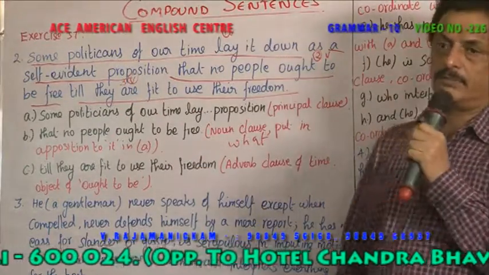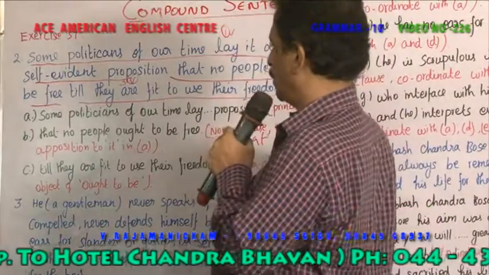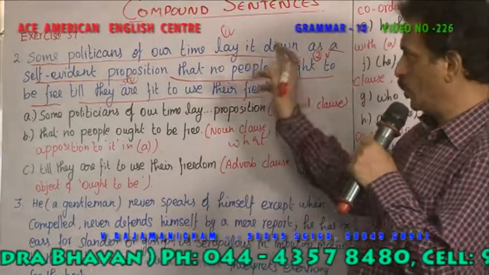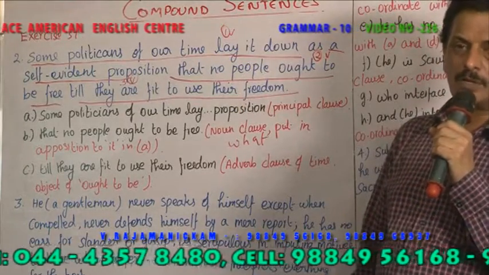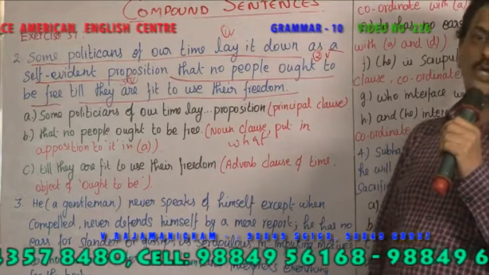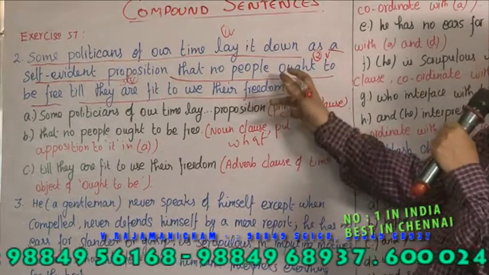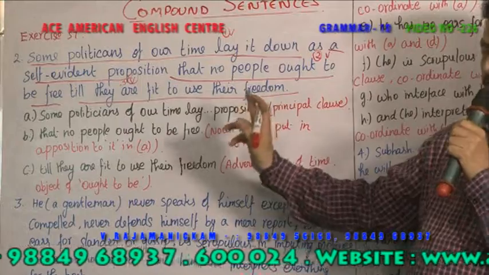That no people ought to be free, right? This becomes a subordinate sentence or noun clause because you ask a question what and you get an answer. If you ask a question what and you get an answer in a sentence, that sentence is a noun clause.